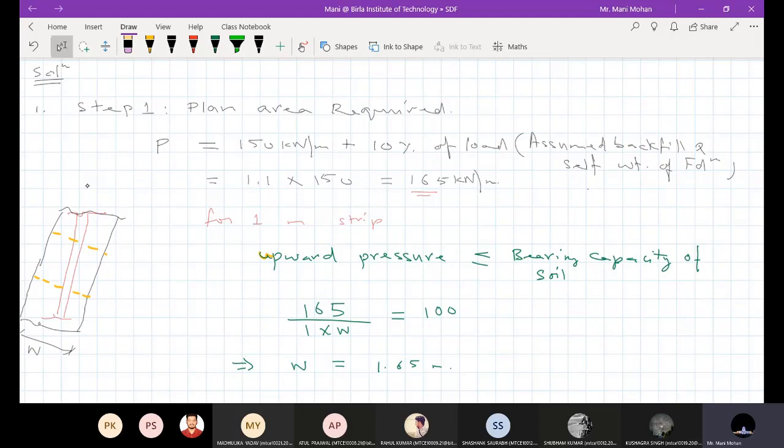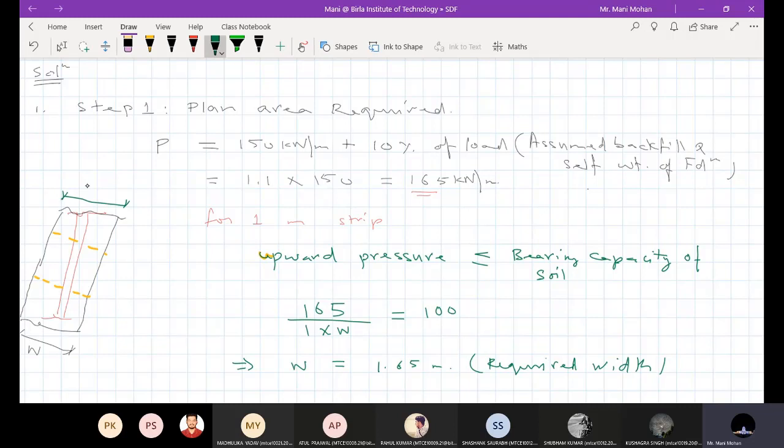So you are getting the trial width as 1.65 meters. This is my required width. I have done my part. I know what width I should try with, so I'm trying with 1.65 meter.